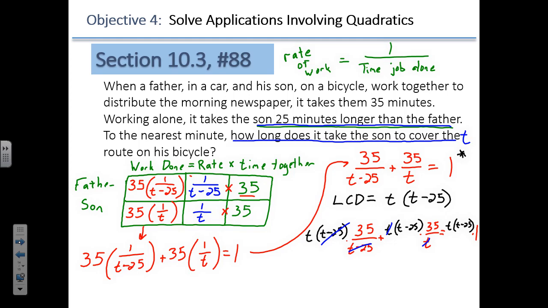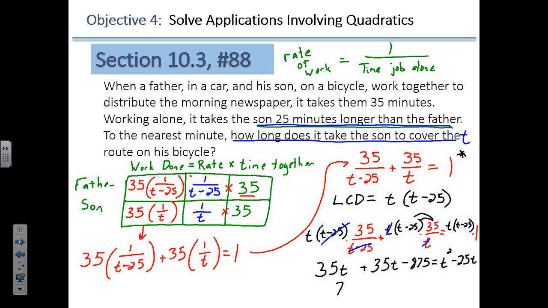So we have a new equation. We have 35t plus, distribute that in, 35t minus 35 times 25 is 875 equals, and on the right side we have t squared minus 25t.